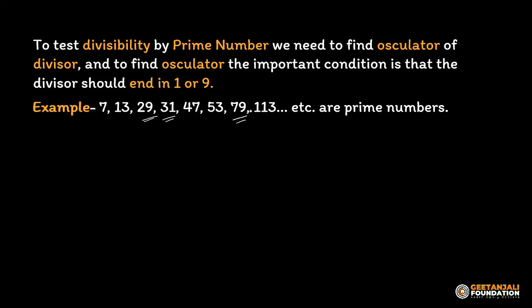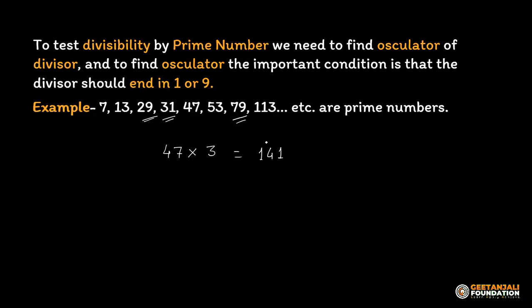But what about the other numbers? If you have to find their oscillators, how will you go about it? You can always multiply by a suitable number so that you get a number which ends in 1 or 9. For example, 47 if I take, I will multiply this by 3. So 3 sevens are 21, 3 fours are 12, plus 2 is 14. So now the number is 141, which ends in 1.